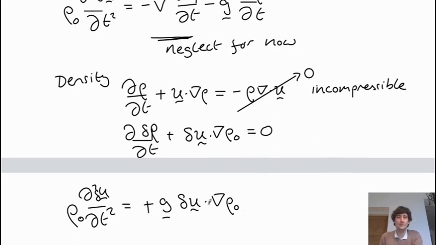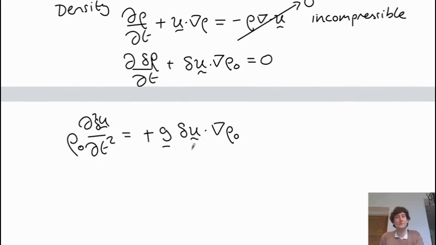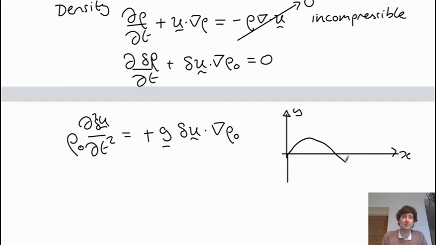Alright, so this is starting to look reasonable. We have a second derivative of the velocity, and we have a term involving the velocity here. So what we can do is look at this in one dimension. I'll draw the axes: y is up and x is horizontal. And we have, say, a wave just like this, a perturbation in y, so u is basically in the y direction.